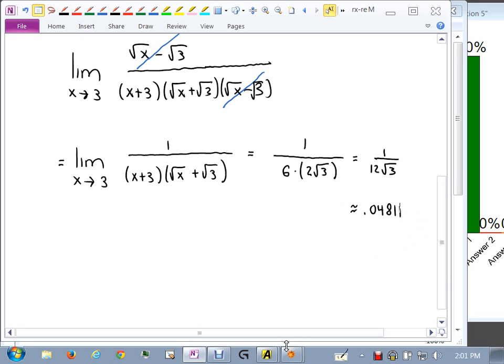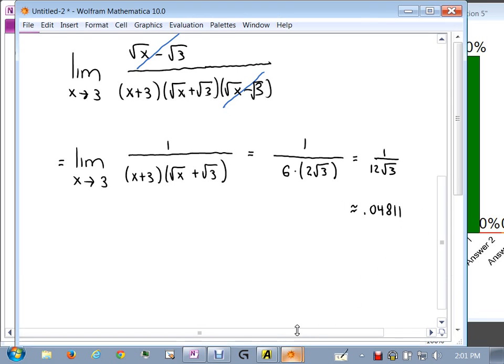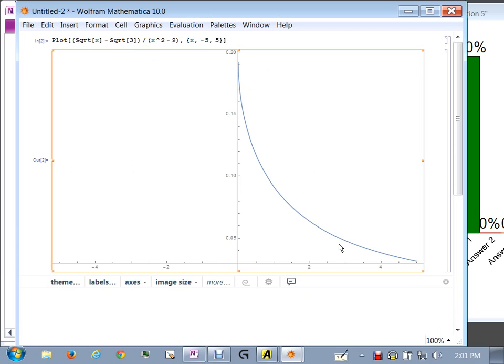So what I'll do is go back to my picture here. And where were we approaching? 3? I'm not convinced with my picture that that looks right.